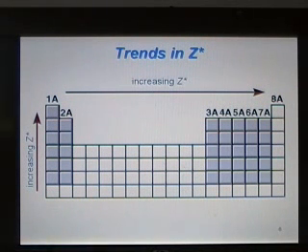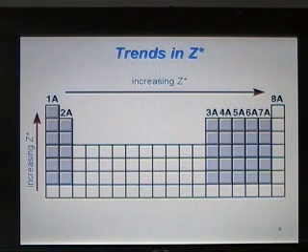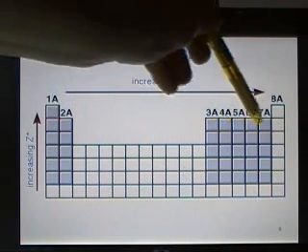The reason why the effective nuclear charge increases as you go up the periodic table is because as you go up, there are less core electrons, so there's less shielding between the nucleus and the outermost or valence electrons. As you go from left to right across the periodic table, the effective nuclear charge increases. The reason why is because the number of core electrons as you go across a row does not change.